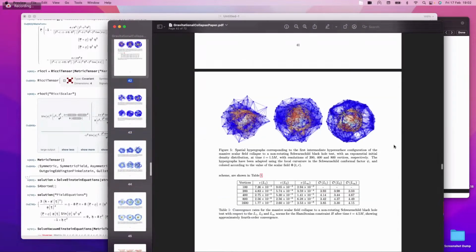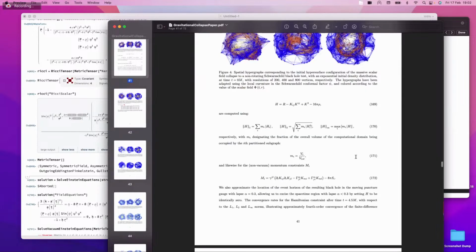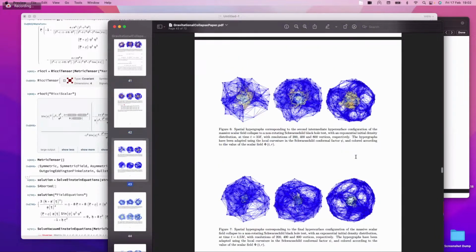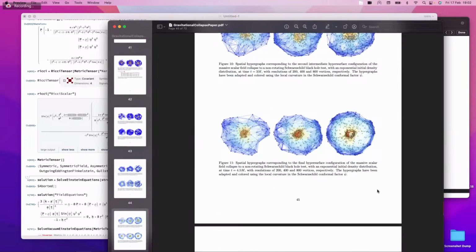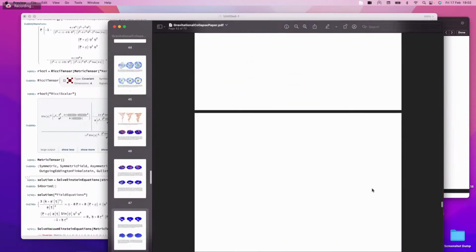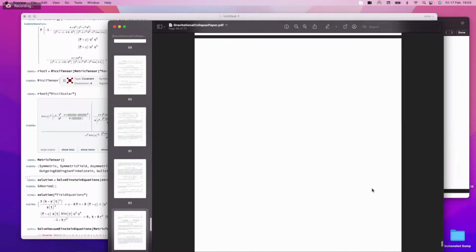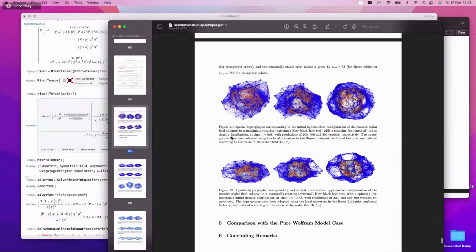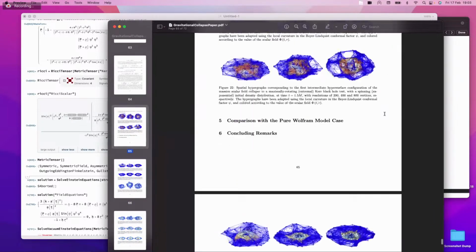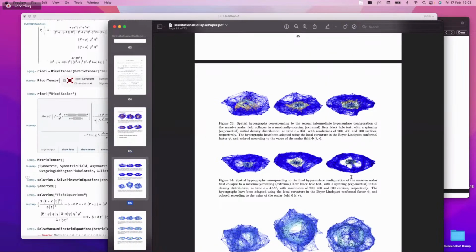Here's an example of a gravitational collapse of an initially spherically symmetric mass distribution to something that limits to a Schwarzschild geometry. Here's the corresponding gravitational collapse to an extremal Kerr geometry. That's the initial scalar field configuration, and this is what it collapses down to.